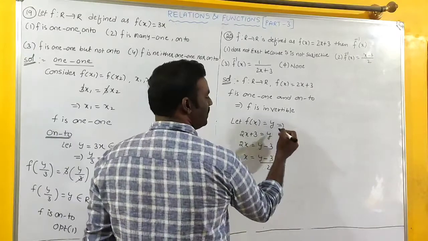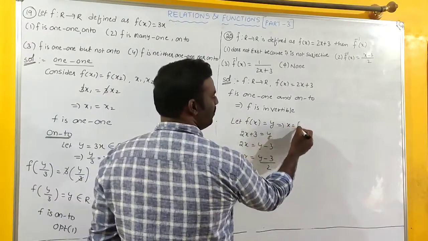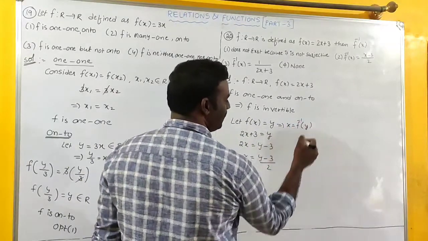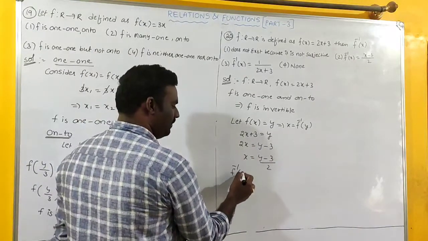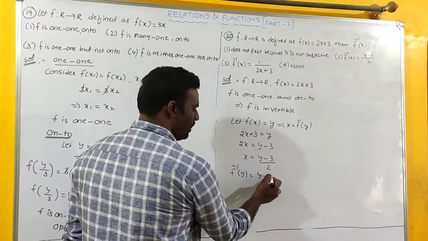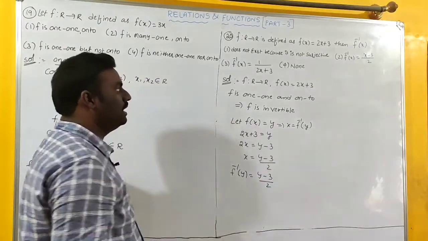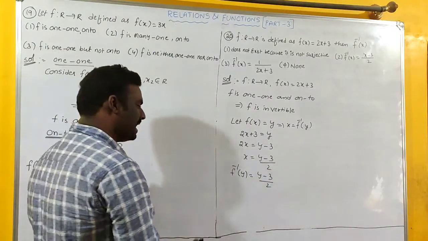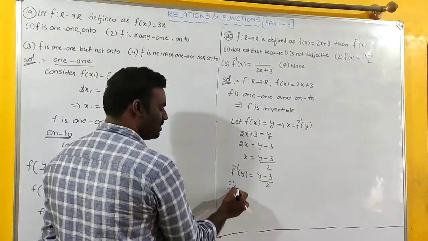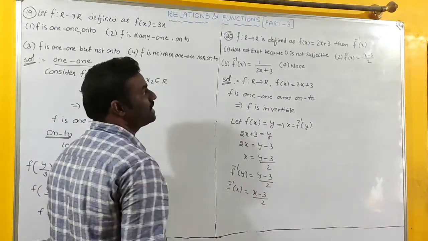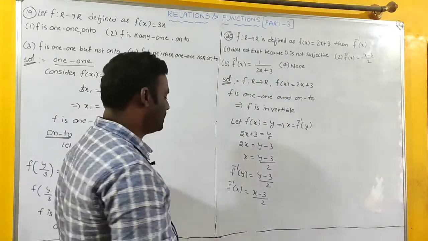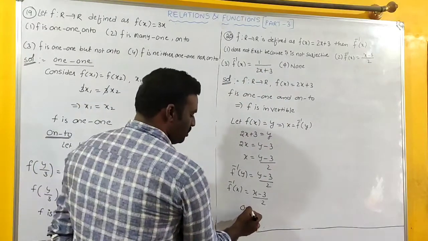From this, I can write x is equal to f inverse of y. Therefore, f inverse of y is (y - 3)/2. In place of y, replace x. Then f inverse of x is equal to (x - 3)/2. So (x - 3)/2 is option 2, which is correct.